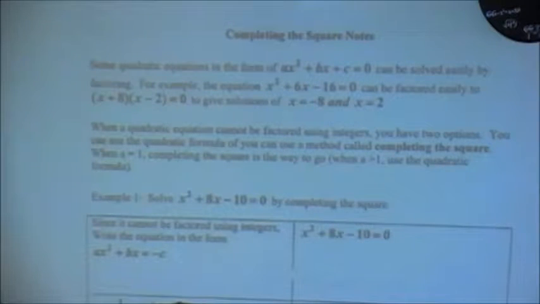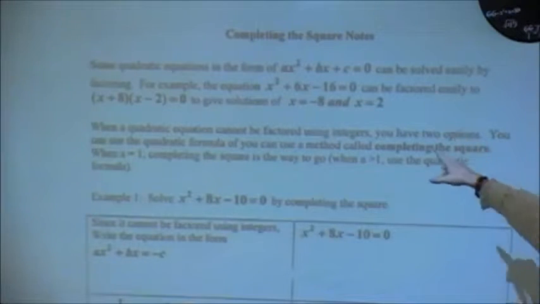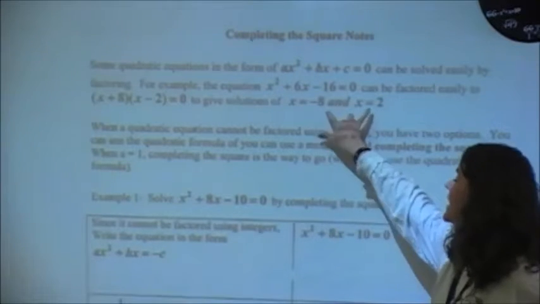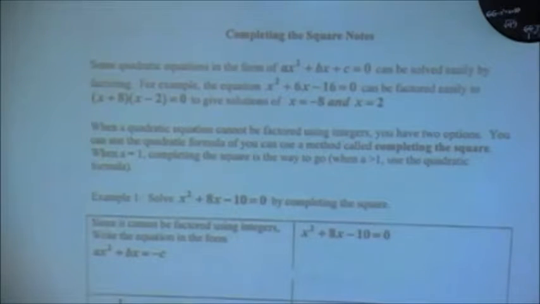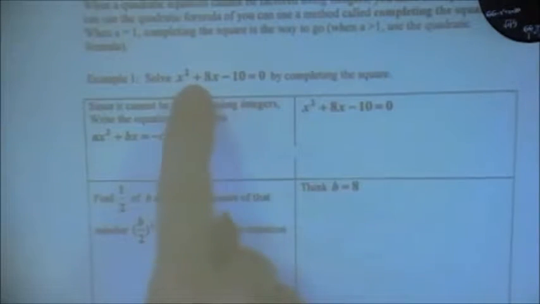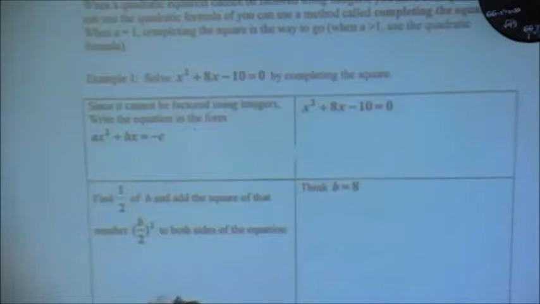It will always work, but factoring is easier. So if it'll factor, factor it. We go ahead and factor, and you would solve it and get these two numbers. But if I get one like this, x squared plus 8x minus 10, I think about factors of 10 that would combine and give you 8.